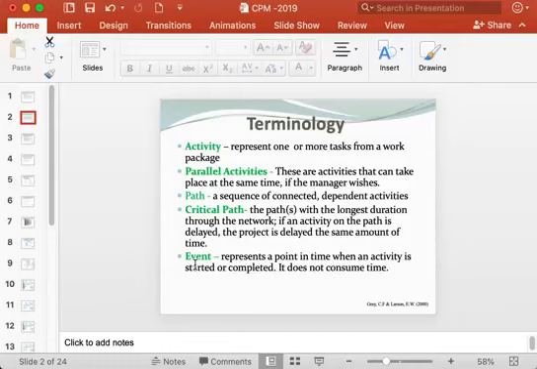Then an event represents a point in time when an activity is either started or completed, and an event does not consume time, whereas an activity consumes time and resources.